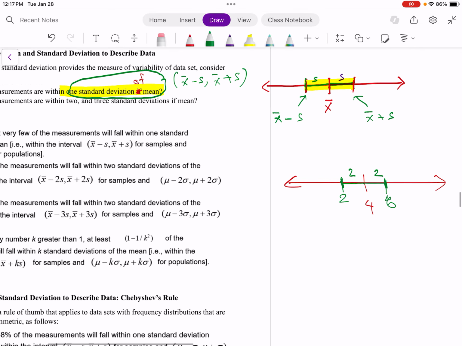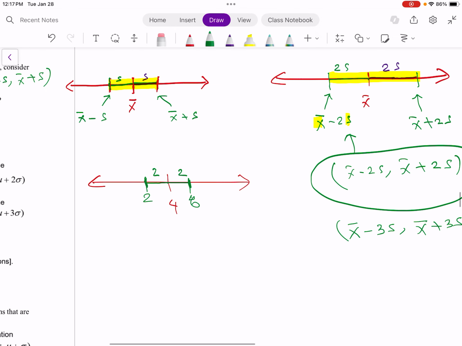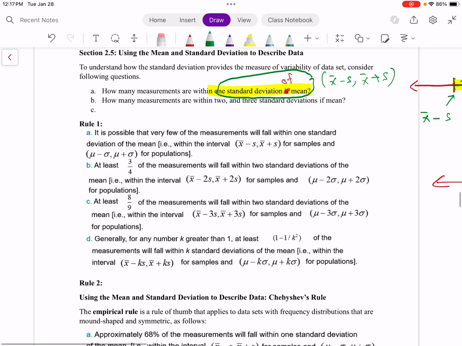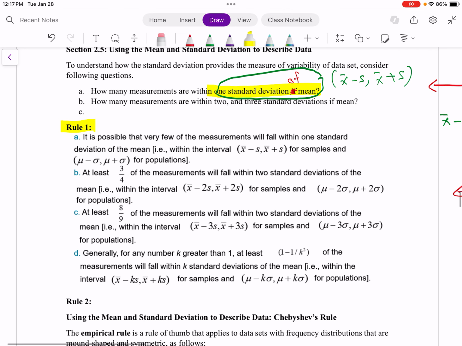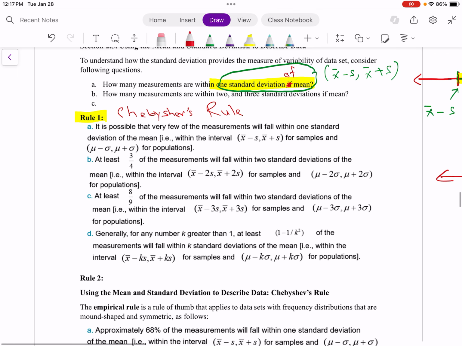Now, in order to describe the data set, we have 2 different rules. The first rule we call Chebyshev's rule, rule 1, and rule 2 we call the empirical rule.